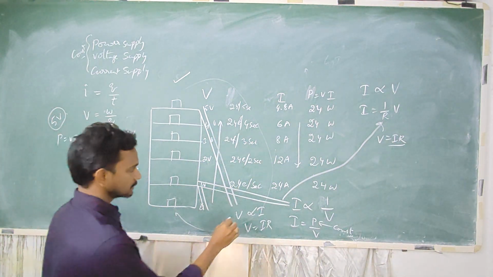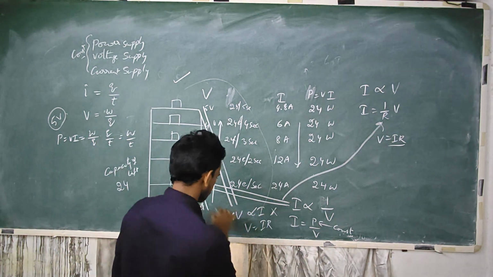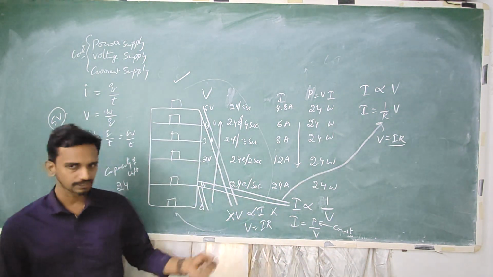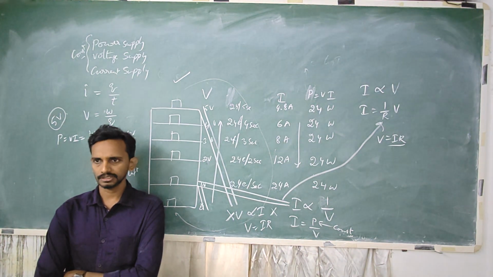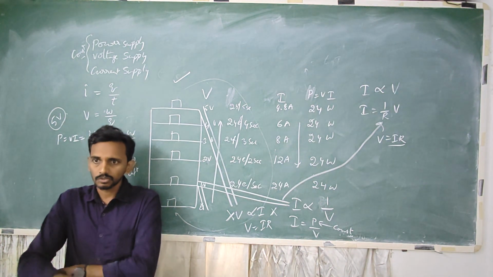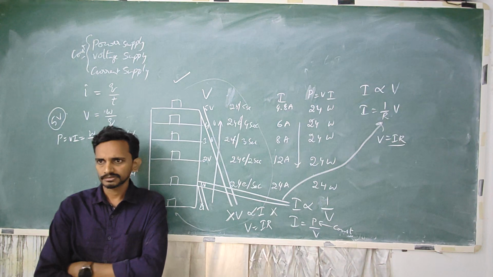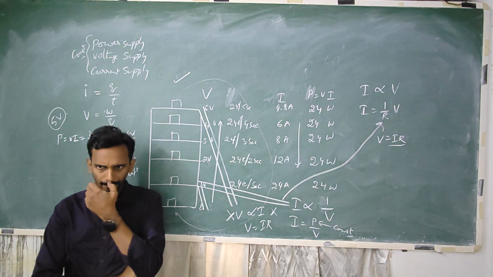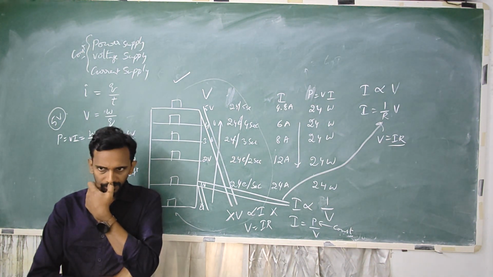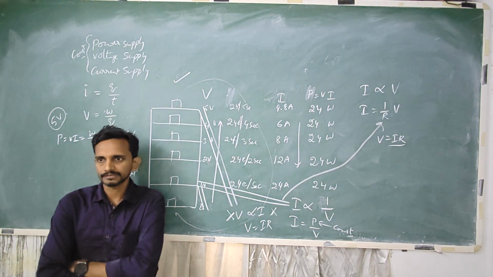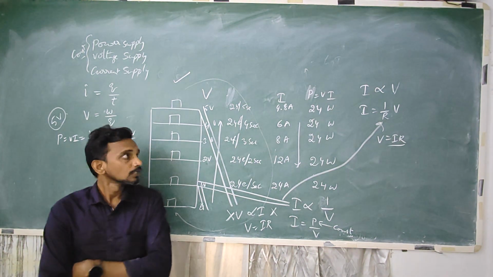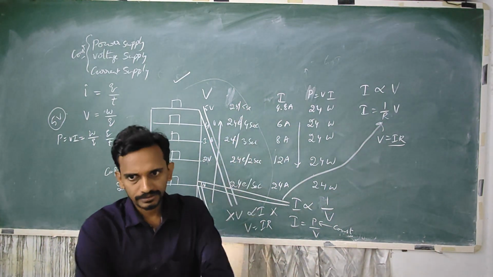So this is not a valid statement: V is proportional to I, and if you raise the current, voltage increases. Is it a meaningful statement? If you raise the voltage, current increases.